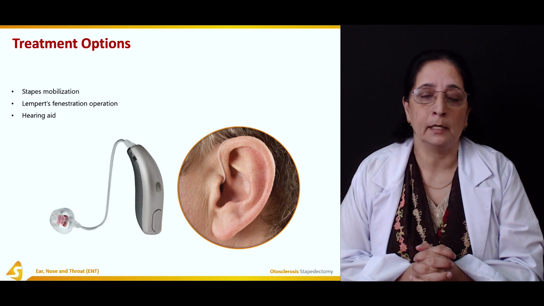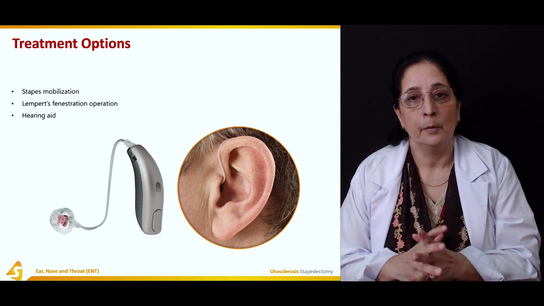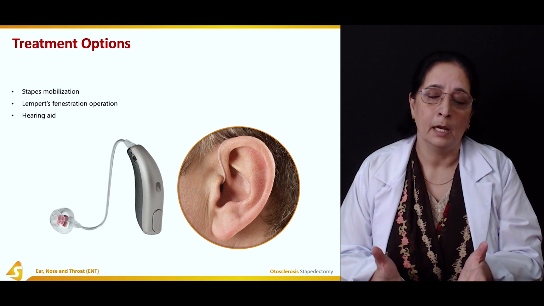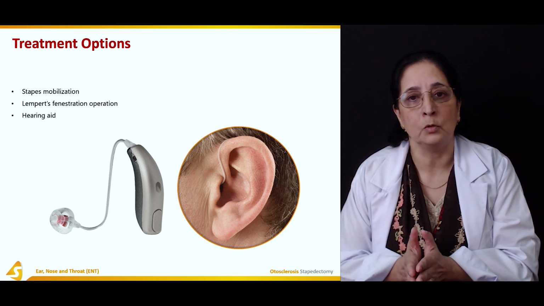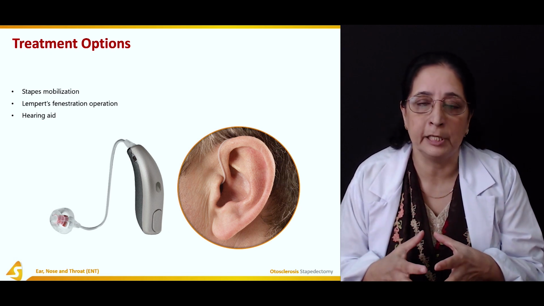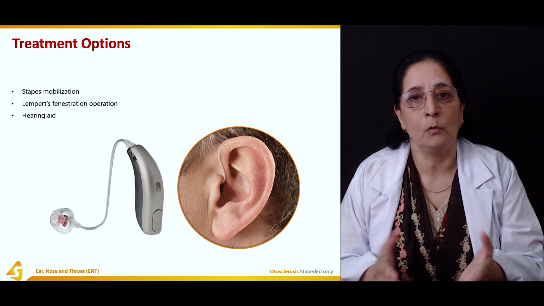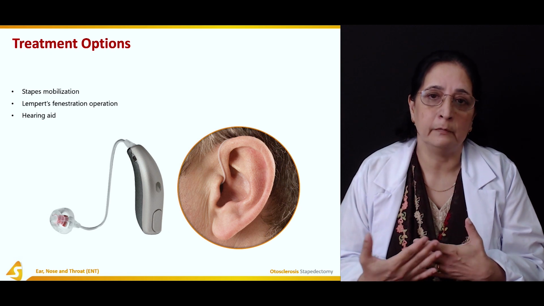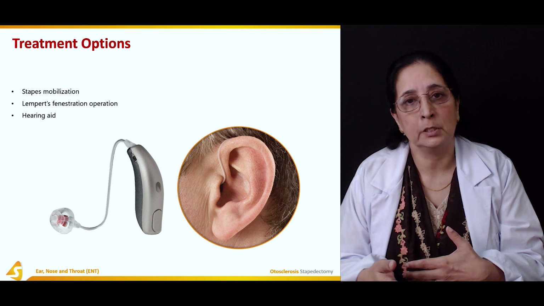So all these are other treatment options for otosclerosis, because stapedectomy is the most common procedure performed to treat patients with otosclerosis. But we already saw so many complications can occur. So if it can be avoided, it should be avoided. If the patient can get better with other treatment options, we should go for those options.